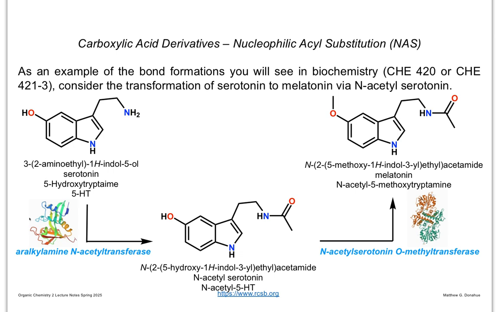So the molecule shown here to the top left is serotonin. We have these other names for it, like 5-hydroxytryptamine, 5-HT. You see all these different names depending on what you're reading. We have a primary amine, a nitrogen in an aromatic ring called indole, and then an aromatic alcohol, phenol.